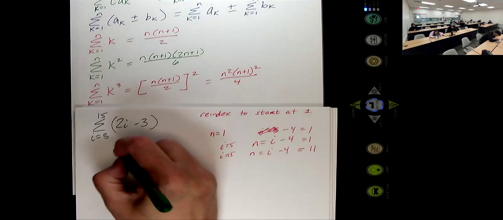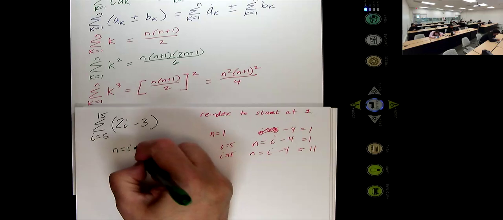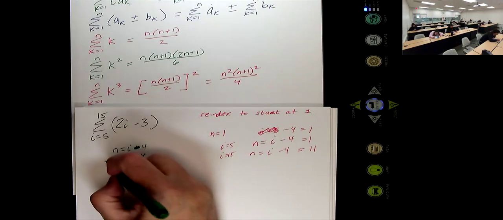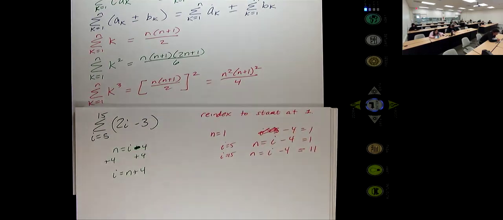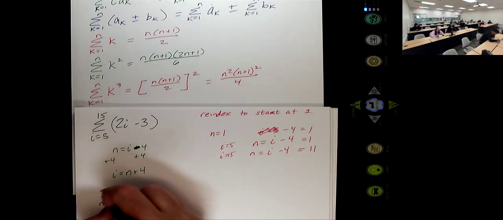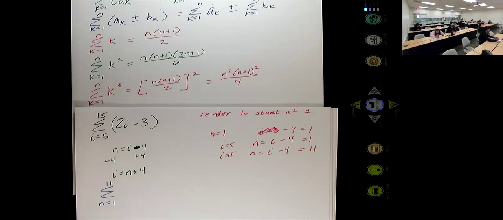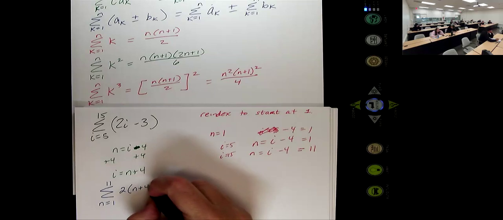I have n equals i minus 4. If I add 4 to both sides, I get i equals n plus 4. So I can re-index this to start at 1 going up to 11. I just have to replace i with n plus 4.